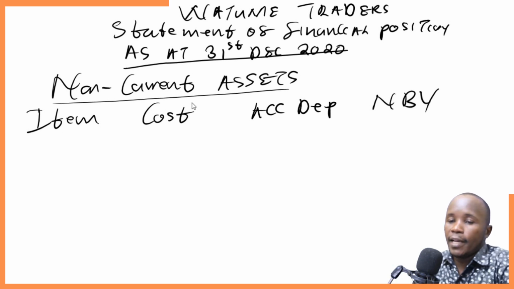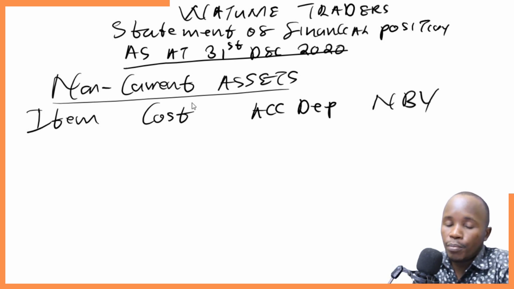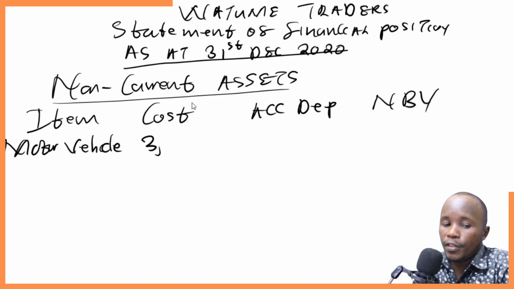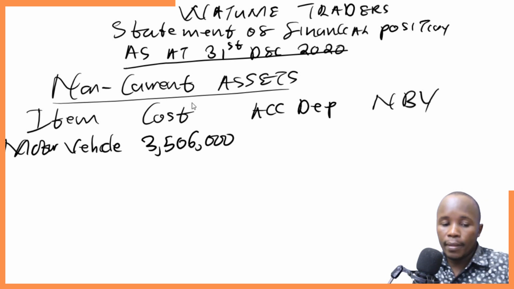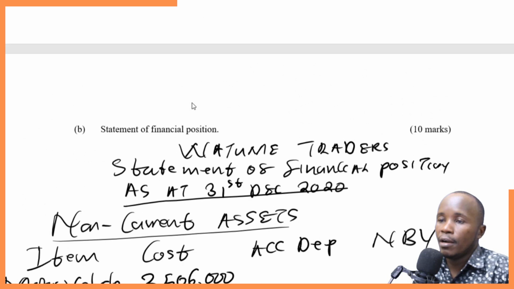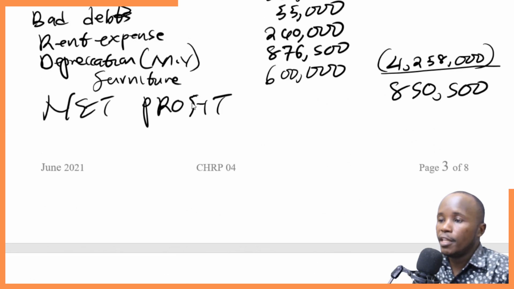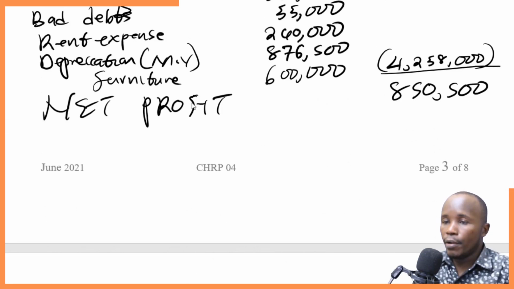Now, the first non-current asset here we have is motor vehicle. It had a cost of 3,506,000, and the depreciation which we have captured here in our income statement, 876,500.